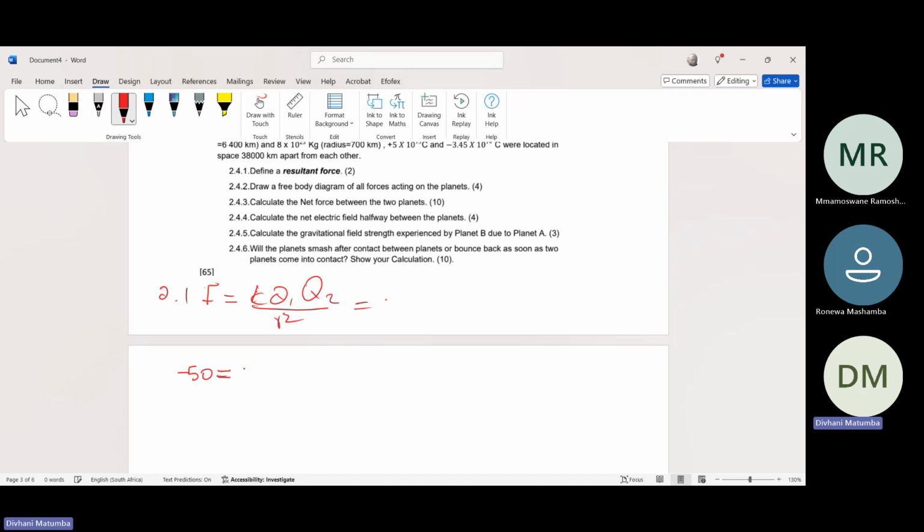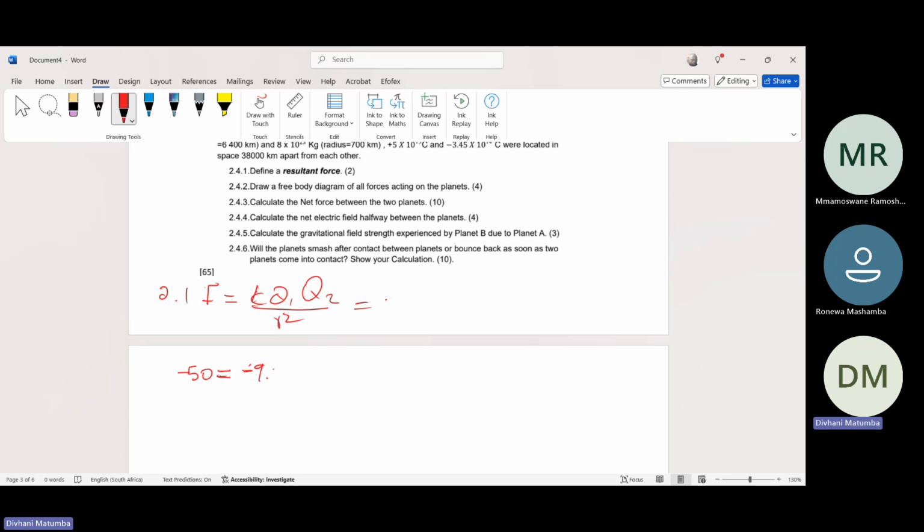Okay, minus 50 is given by minus 9 times 10 to the power of 9. The reason why I said it's going to be a minus is because when you multiply the product of the two charges, it will give you a minus.